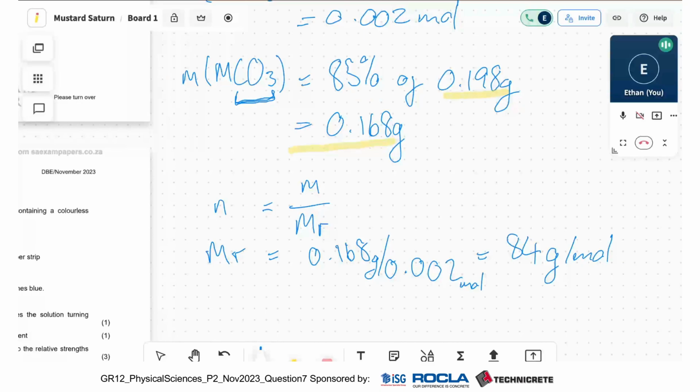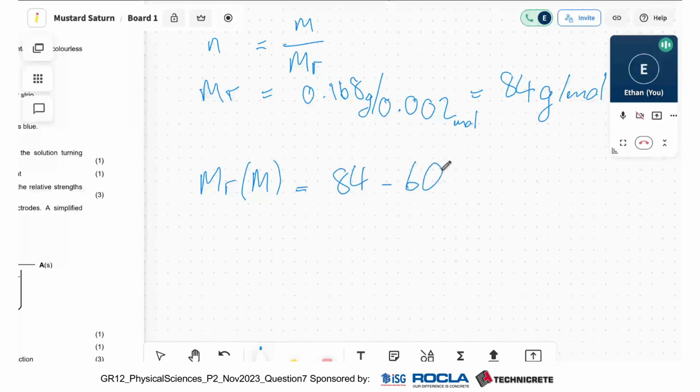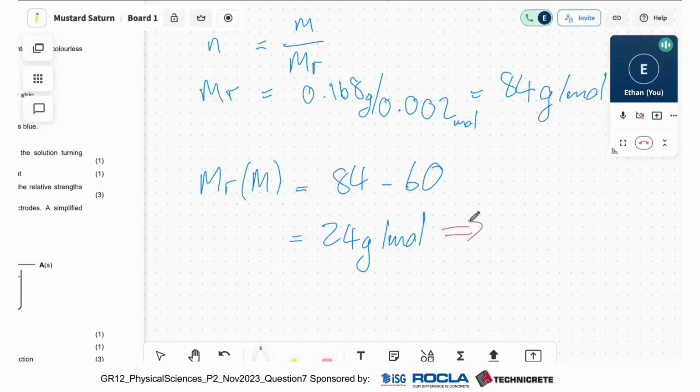So if we want to get the molecular mass of our metal alone, we have to say, Mr of M is basically 84 minus 60, which is roughly 24 grams per mole. And if you go and look on a periodic table, 24 gives us magnesium.